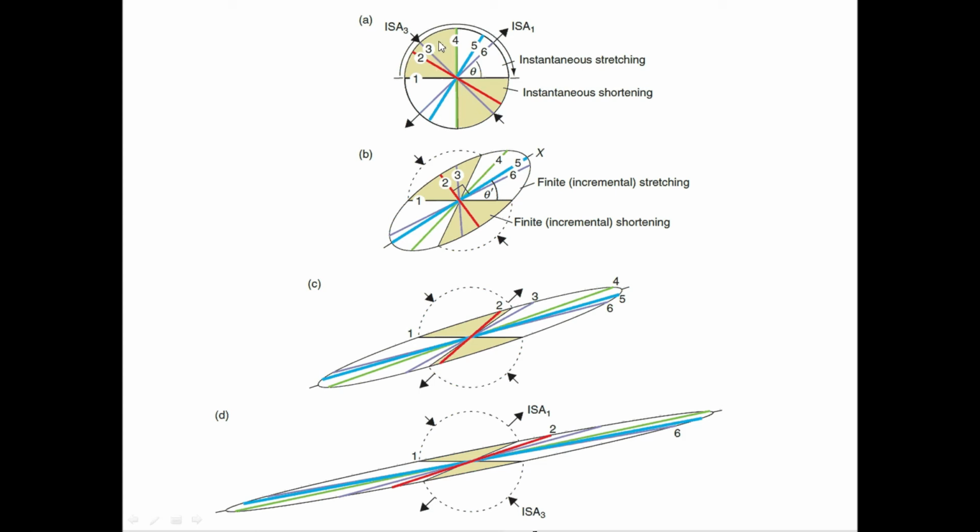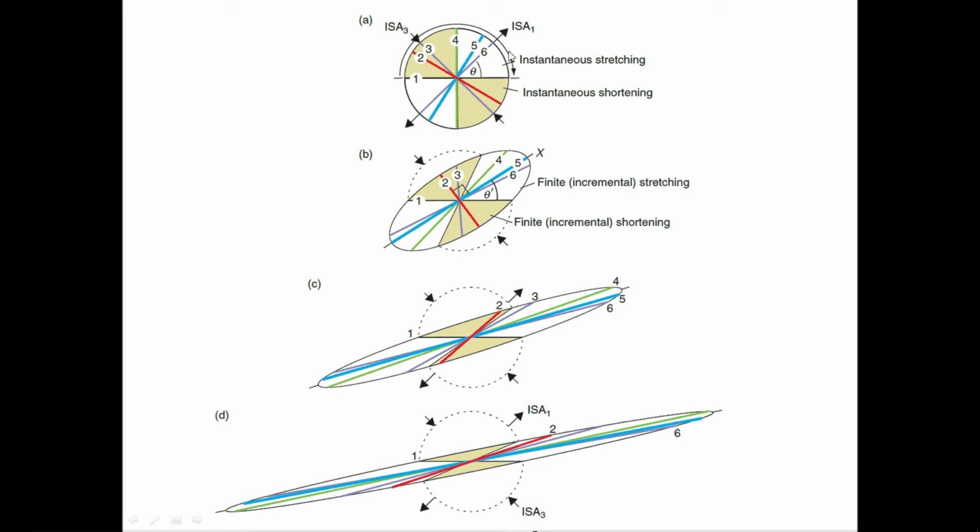So if you put a material line in this creamy layer region, after deformation you can find that the material line developed folds, because shortening is taking place. While if you orient a material line in this white regime, after deformation what you can possibly get is boudinage structure. Here it is mentioned as ISA1, that means instantaneous stretching axis 1.